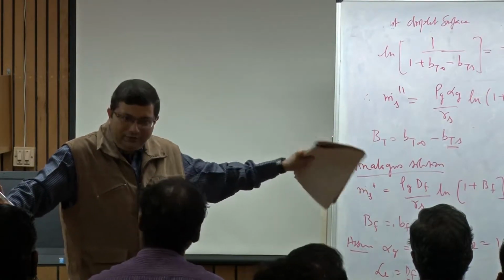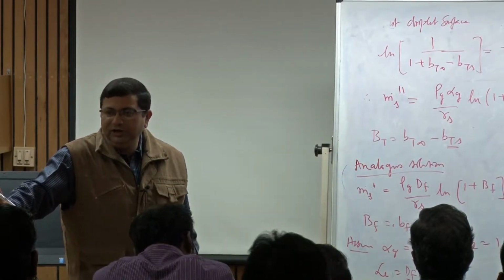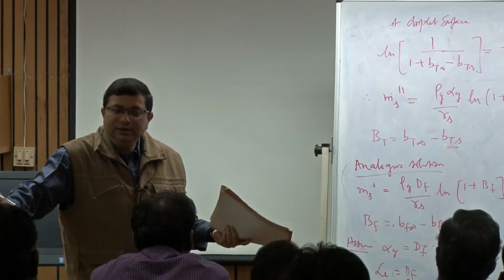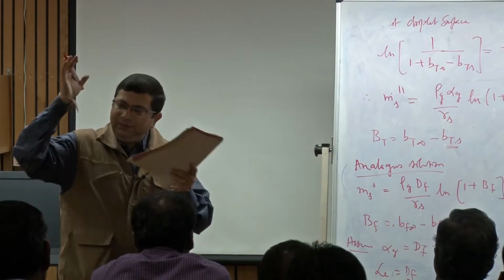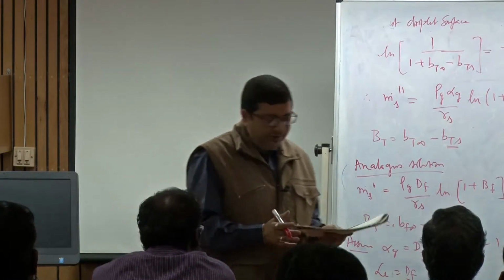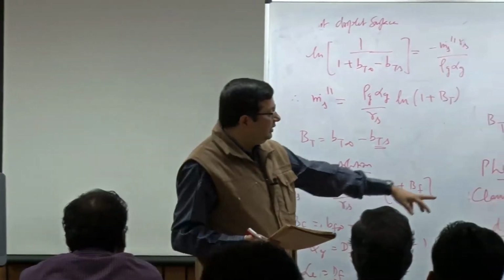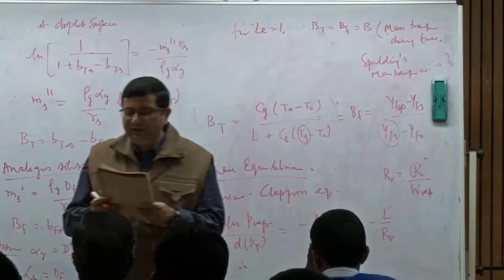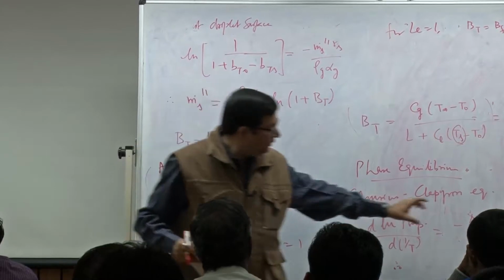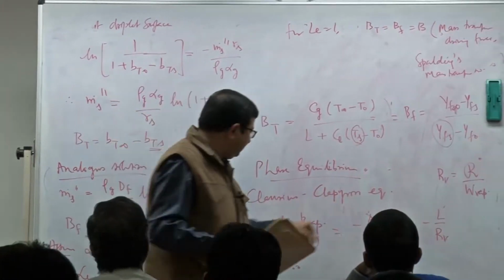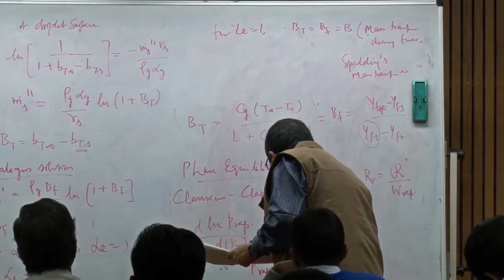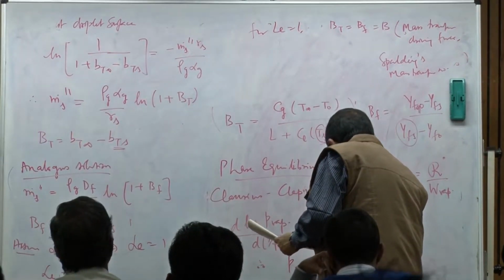If we consider this process also to be independent of pressure, then latent heat of vaporization does not depend on temperature, because it will happen only at a fixed temperature. So, L is independent of pressure and temperature. If that is the case, then we can integrate this equation very easily, because this becomes a constant, and we get an expression for vapor pressure as follows.